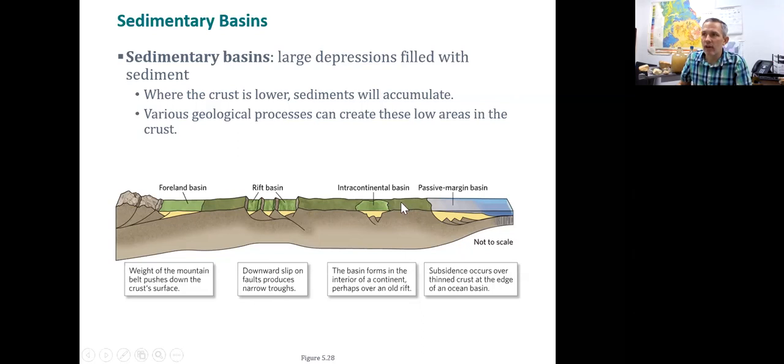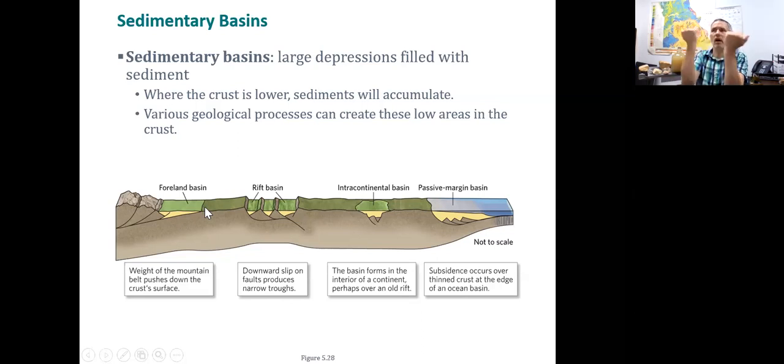If we have a foreland basin, if we look to the left of this image, maybe we had a subduction zone, creating a big mountain range here. And so some of this material is going to wash off back into the ocean, but some of that material is going to wash in this direction and start to deposit this material to create a foreland basin.